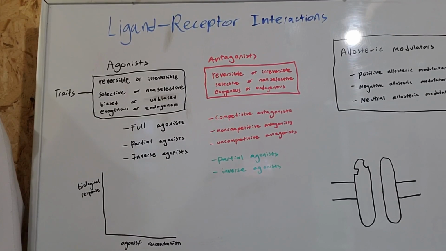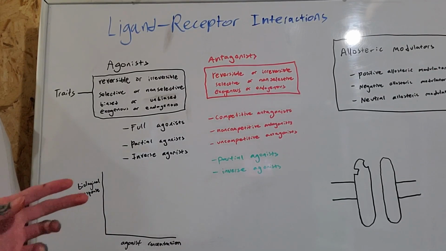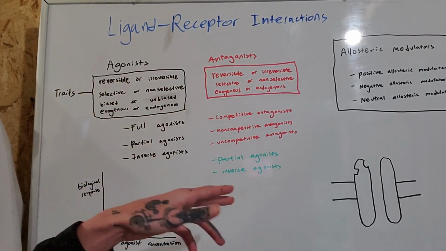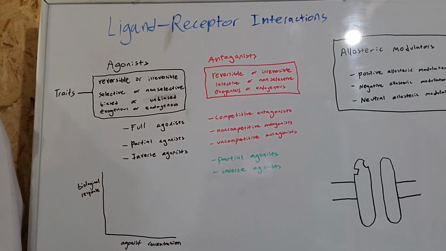Just an overview of how different ligands interact with receptors. That includes agonists, antagonists, and allosteric modulators. So first off, just to establish what a ligand is, in biochemistry or pharmacology, a ligand is a molecule.